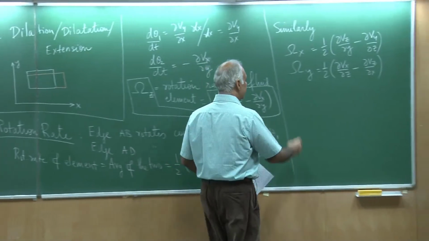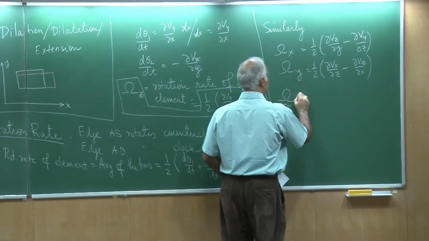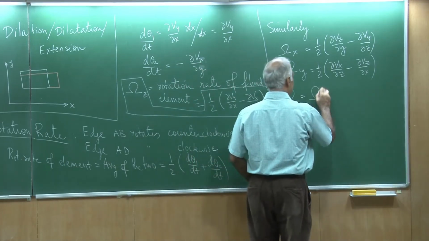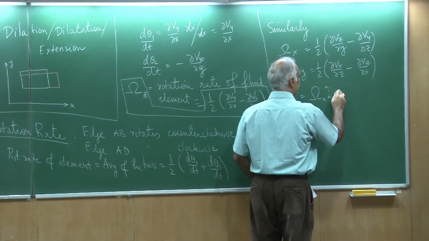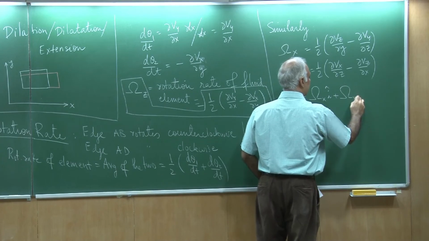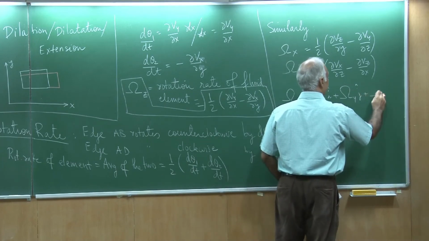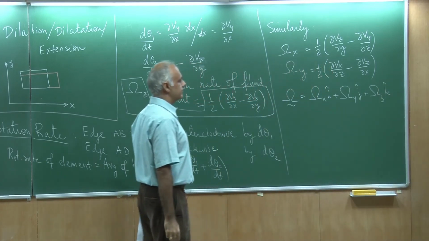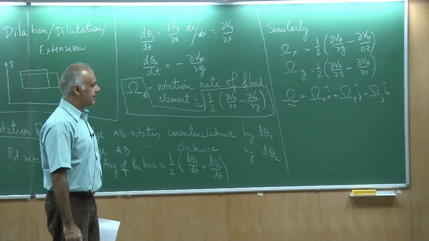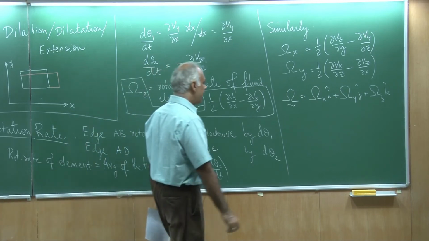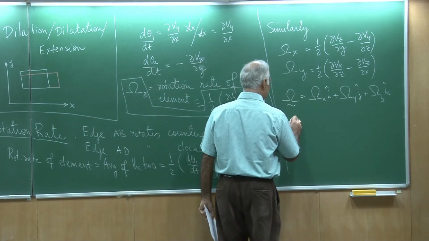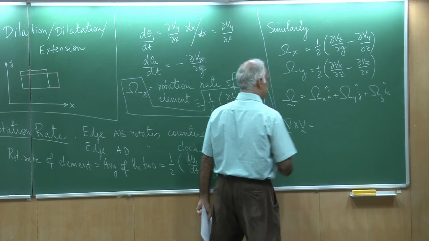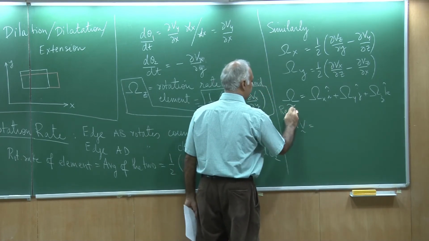If I had to write this in the vector form, so omega is the rotation rate of the element, it is given as omega x i plus omega y j plus omega z k. Okay. Let me now remind you the quantity curl of V. So, recall.